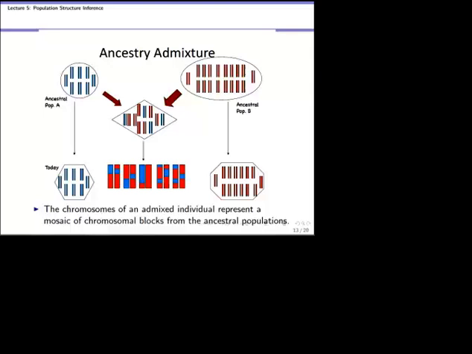So one thing I should point out is that most of the things we've been focusing on have been with the autosomes. Okay? The X chromosome and Y chromosome are a different story. So for example, let's think of the Latin Americans, Hispanics.